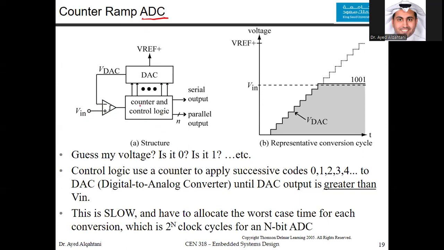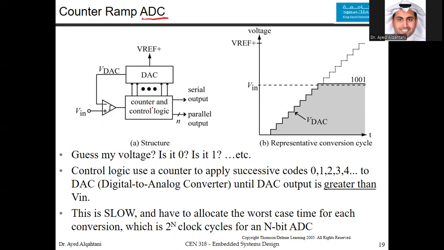Initially, you have a counter in this block, and hence the name counter ramp. It starts from 0, and it starts counting 0, 1, 2, step by step linearly, until you find the value that is associated with the Vn. So here you count.